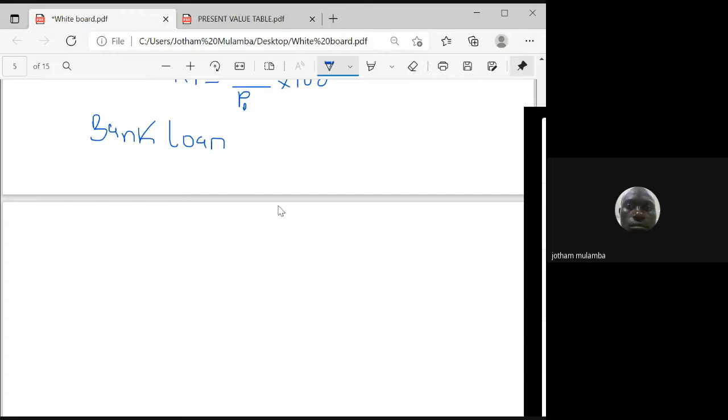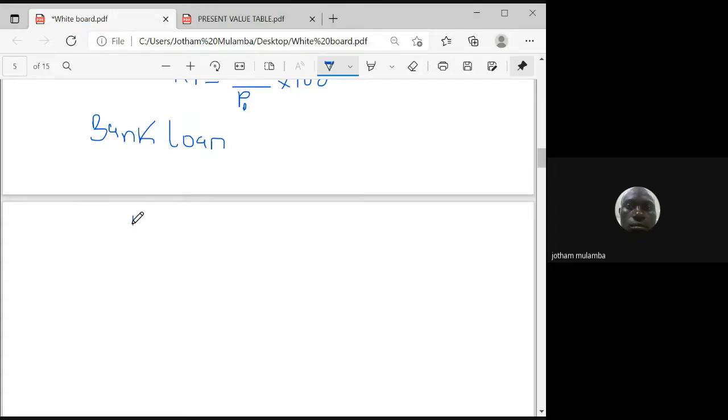So for bank loan, we use the formula KD. This D is to denote debt.